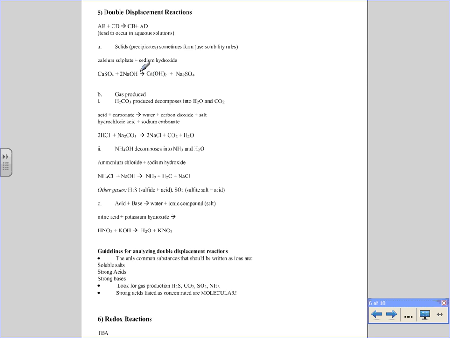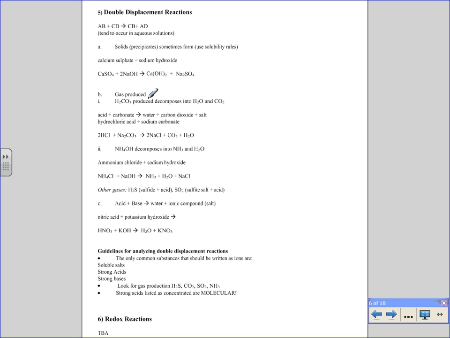You've got 2 ionic compounds. And if you really don't know anything else that could occur, try a double displacement and then use the solubility rules. So in this case, calcium hydroxide is being produced and sodium sulfate is being produced, and calcium hydroxide has pretty low solubility. So that could be considered a solid. This isn't an ideal example.